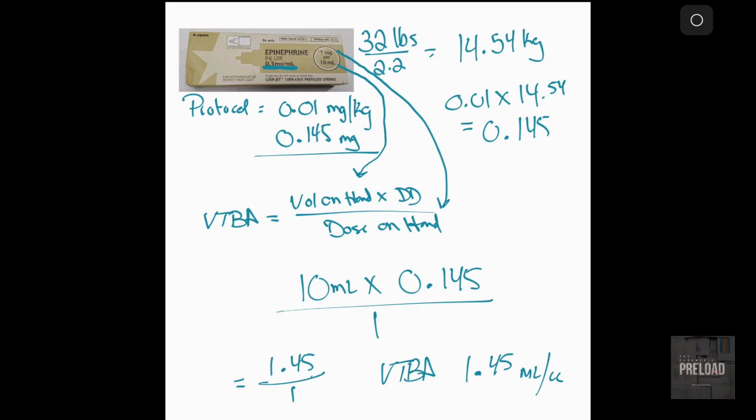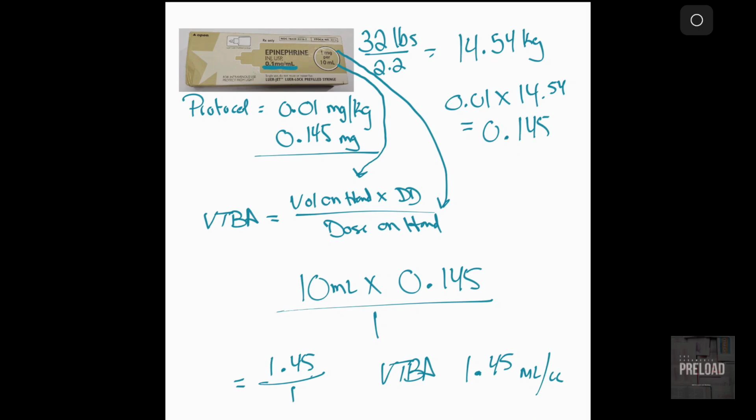Now, the one thing about this is it's going to be very, very hard to get exactly 1.45 mLs. We just have to be honest about that. So you're going to try to just get as close as you can. And this is where it sometimes turns into rounding, where you may give 1.4, or you may give the middle between 1.4 and 1.5, but you're never going to be exactly precise at 1.45 mLs.